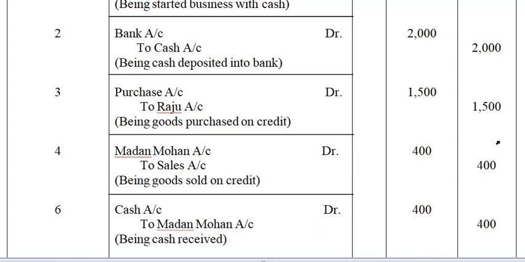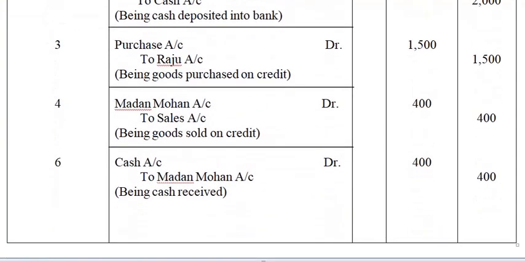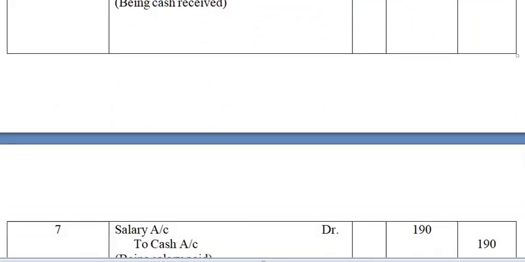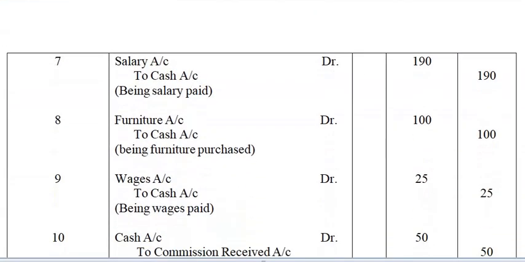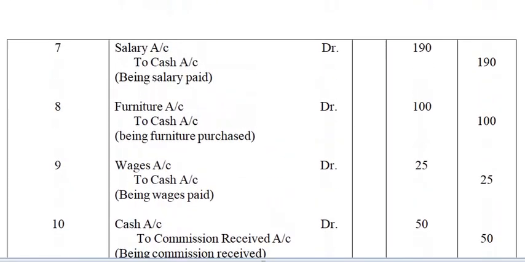And remember that after passing each and every single entry, you have to draw a line here, just like this, only in the particulars column. Now I'm going to the next page. See, I have not drawn the lines here just to show you how it is looking.